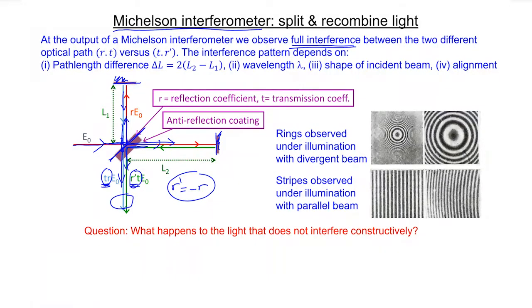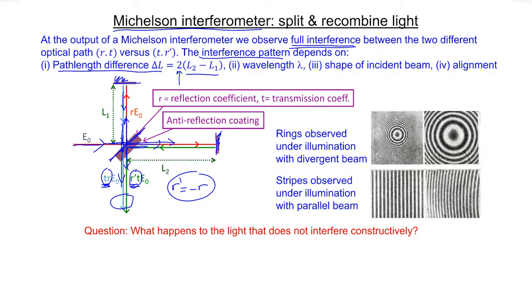If you then wonder what the interference pattern will depend on, it's the usual story. It depends on the path length difference between these two passes in the Michelson interferometer, and that path length difference, of course, contains the factor 2 because of the up and down path and the difference in the length of the two arms.